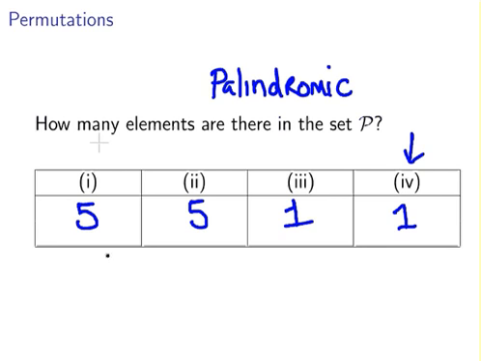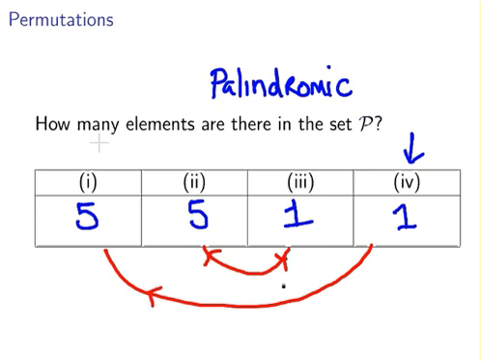We must pick what we have picked for the second selection. So there's a matchup between these two. So we have 25 options in this case. How many elements are there in set P? There are 25.